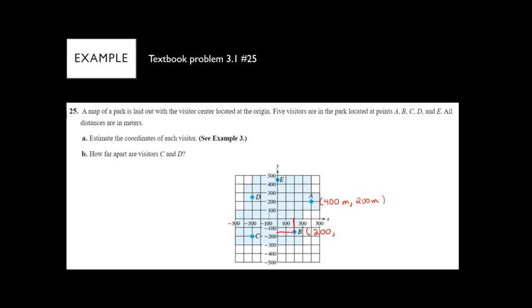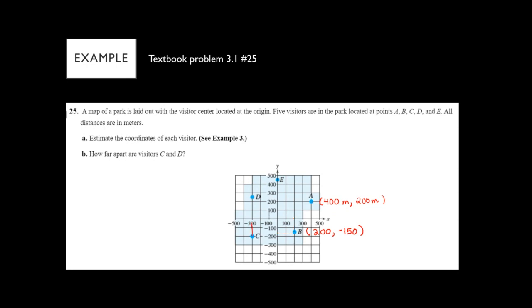I'm about halfway between those based off of my line, so I'm going to estimate that as negative 150. You're just estimating. We usually estimate to easy numbers. There's no reason for me to estimate that as negative 149. You want to make them easy numbers, so negative 150.